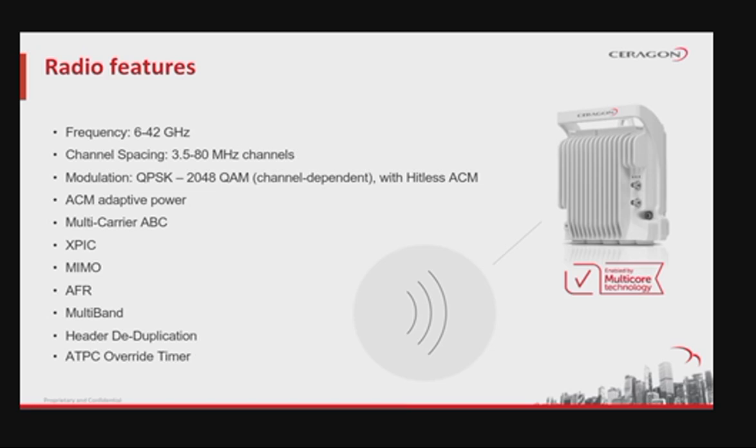It also has ACM adaptive power, multi-carrier ABC, XPIC cross-polarization interference cancellation, MIMO multiple inputs multiple outputs, AFR advanced frequency reuse, multi-band, header deduplication, automatic transmit power control, and override timer. We'll discuss more about these unique features in this product overview presentation.